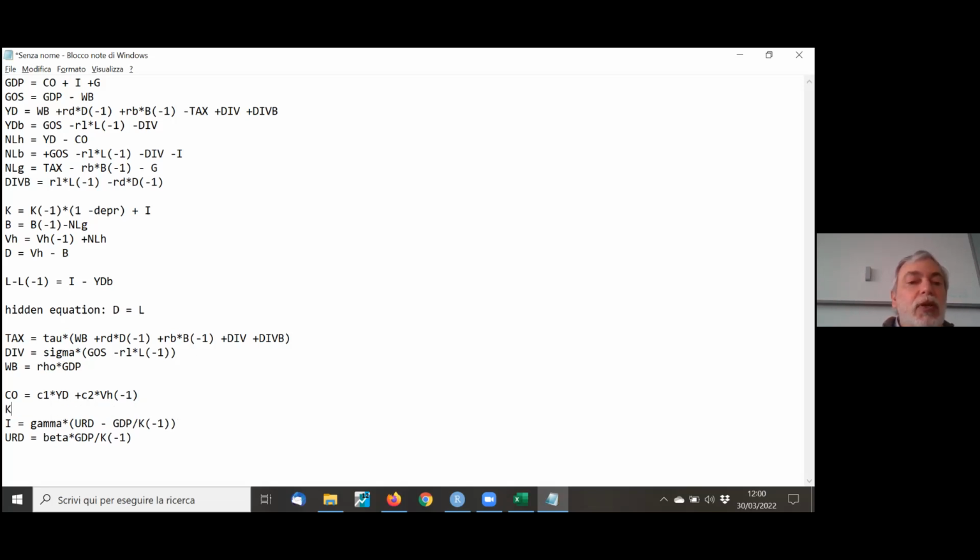So we say that the stock of capital at time t will increase by a fraction of the gap between the opening stock of capital and the desired stock, what I call beta times GDP minus 1.